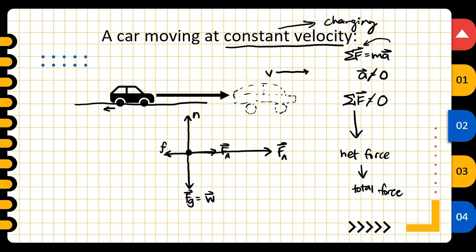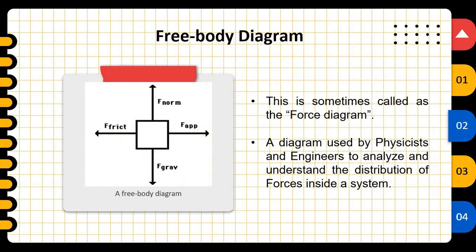Alright, so what we have done in here is what we call a force diagram, or in other terms, it is called a free body diagram, or FBD. FBD again is sometimes called a force diagram, and this diagram is used by most physicists and engineers to analyze and understand the distribution of forces inside the system.